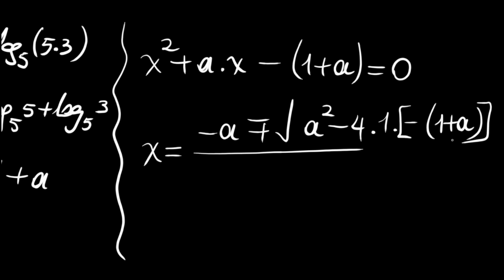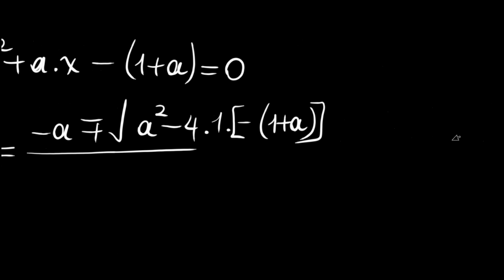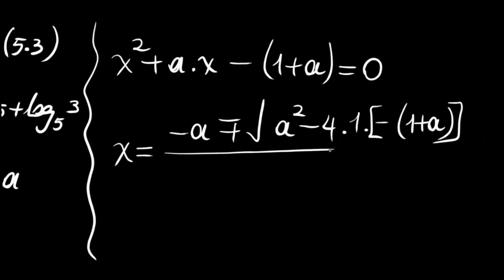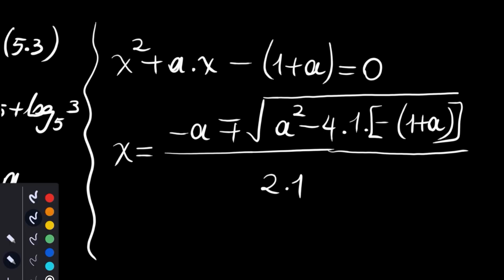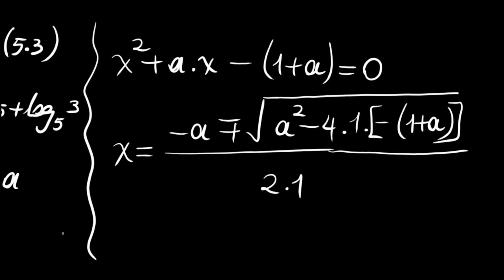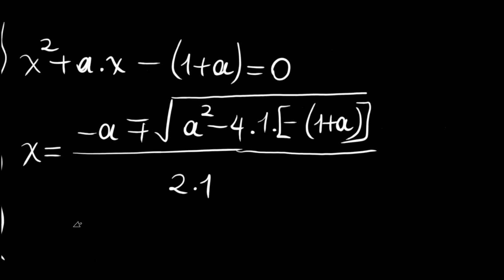Let's make it more clear. We have, divided by 2 times a, which is 2 times 1. Let me show you what will happen here. We have minus times minus, this becomes plus.